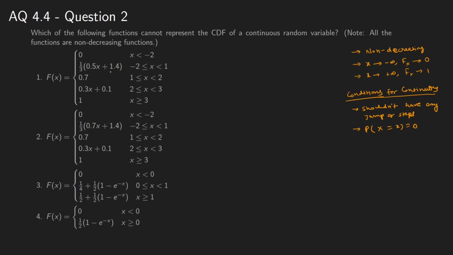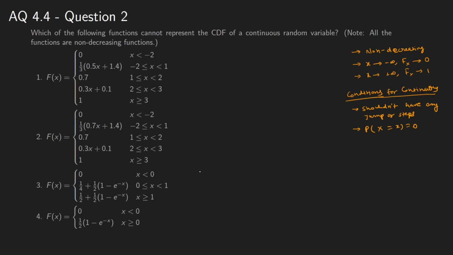After that, it becomes a line with slope 0.5/3. Then again it's a constant function, 0.7, from 1 to 2. Then again it becomes a line with 0.3 slope. And then it's a constant function after x equals 3, equal to 1.